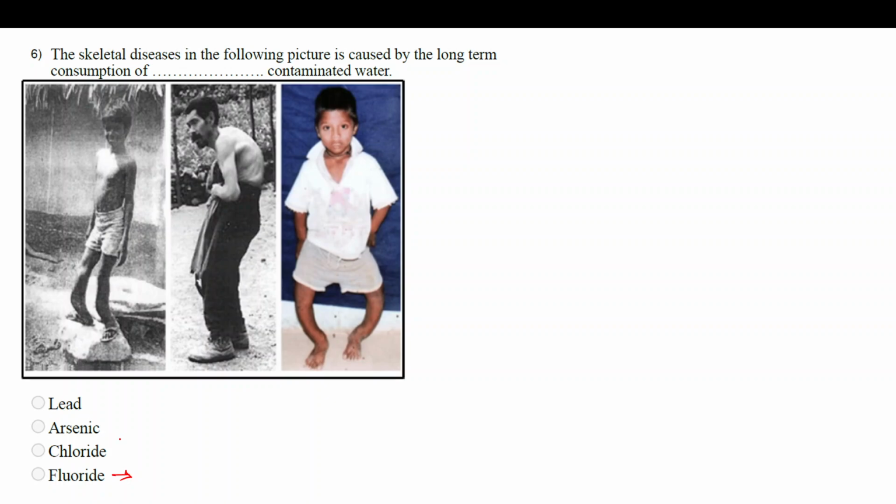The more the fluorine, the more will be the fluorapatite, and the bone will have different characteristics; its characteristics will change. That is why you can have such a disease, where the bones will be totally damaged.